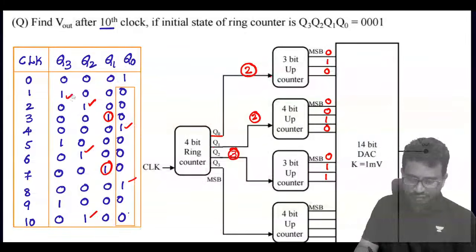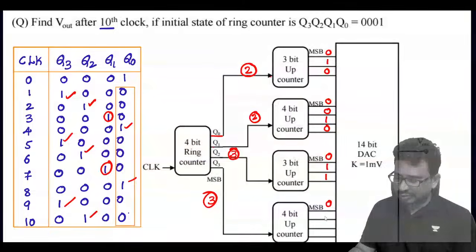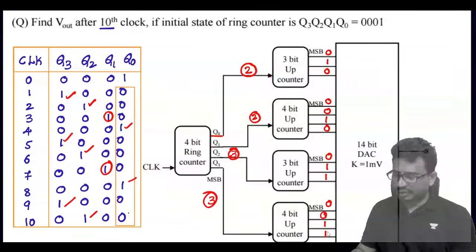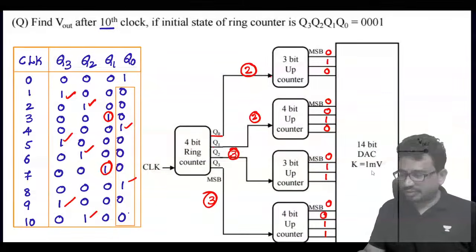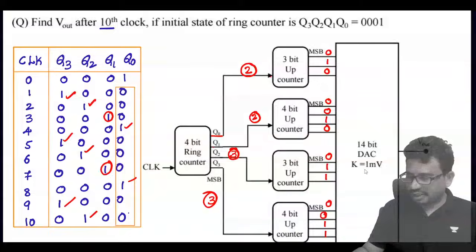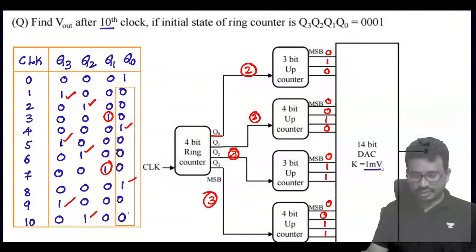And this one 1 2 3. This also 3 clocks. That means this value 0 1 1. So we can see now what is the final output. They gave the K value as 1, isn't it?